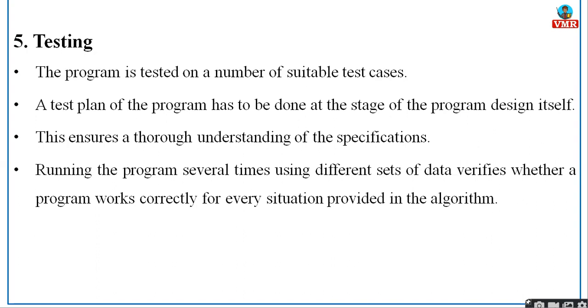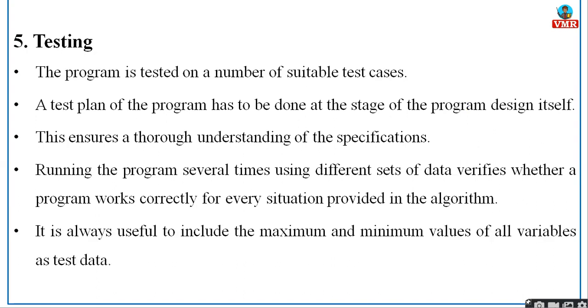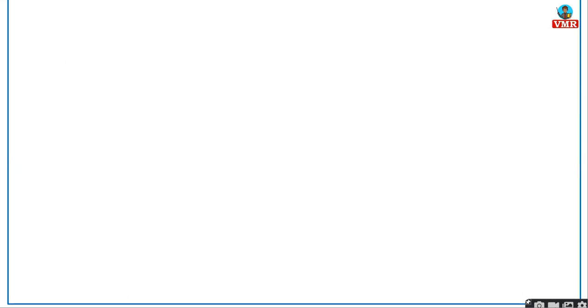But the thing is you had declared it as an integer and you are trying to give a floating point value, so that is where you can tell that it is not going to work for floating point values. Such situations occur in many programs. Those can be corrected, right? And it is always useful to include the maximum and minimum values of all variables. So you can take the maximum and minimum values for doing those test cases, right?